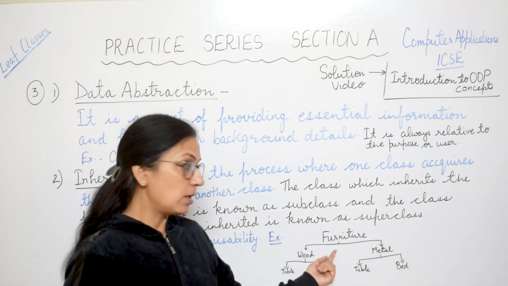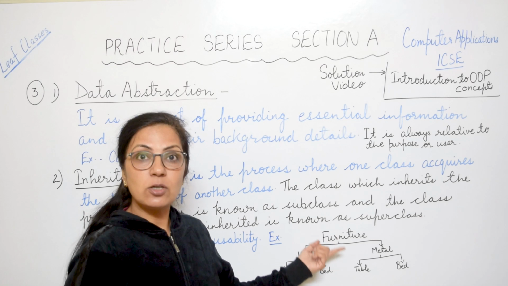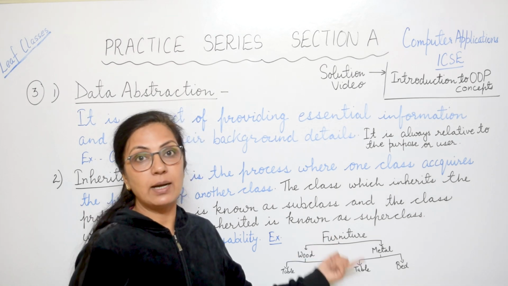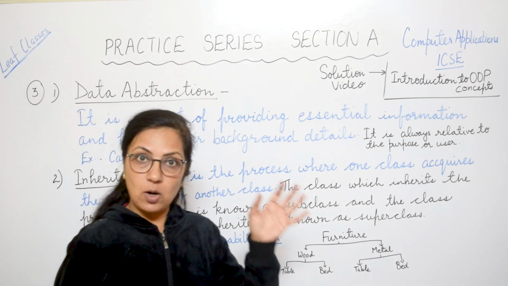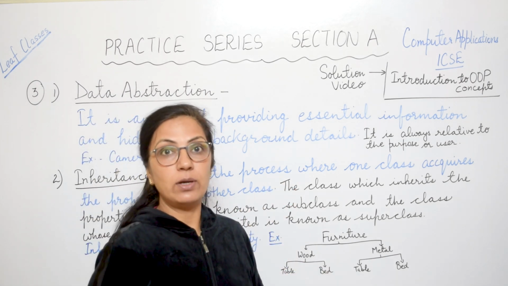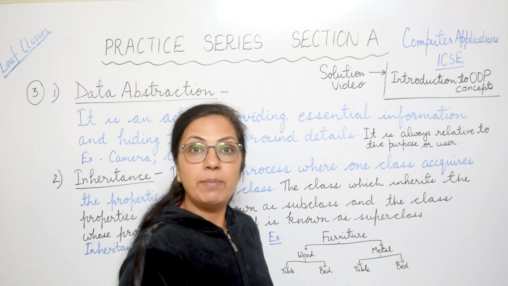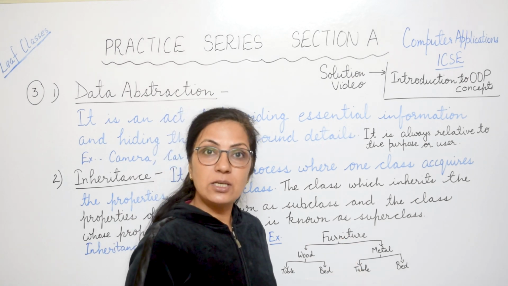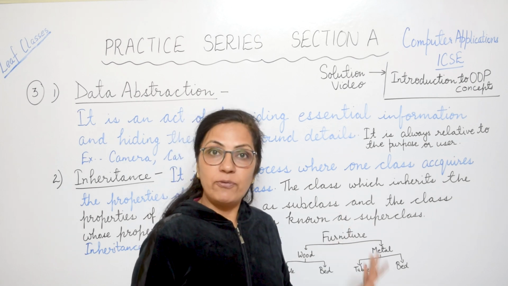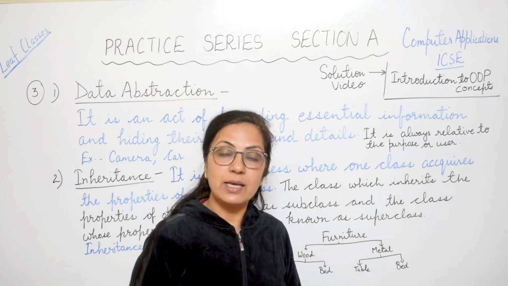Now it can be asked that which is the base class or the super class or the derived class or the child class. So you should know. Children, although I have given you the list of the questions, but something I am explaining here, something extra also. So please listen to that and perform very well in your exams.